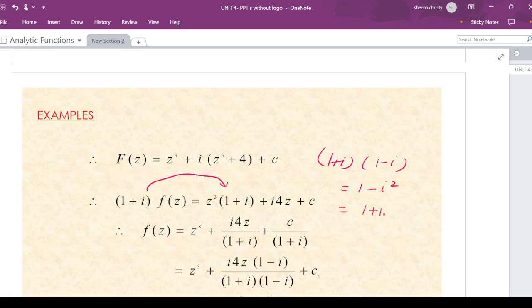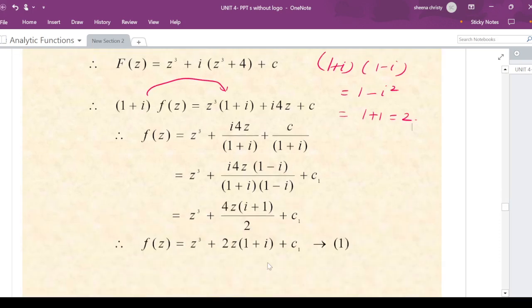Therefore, 1 plus 1 gives you 2. So you have z cube plus i times 4z into (1 minus i) divided by 2. Now, by multiplying i inside, you will get 4z into (i plus 1) divided by 2, plus the constant term c by (1 plus i), which we can consider as c1.